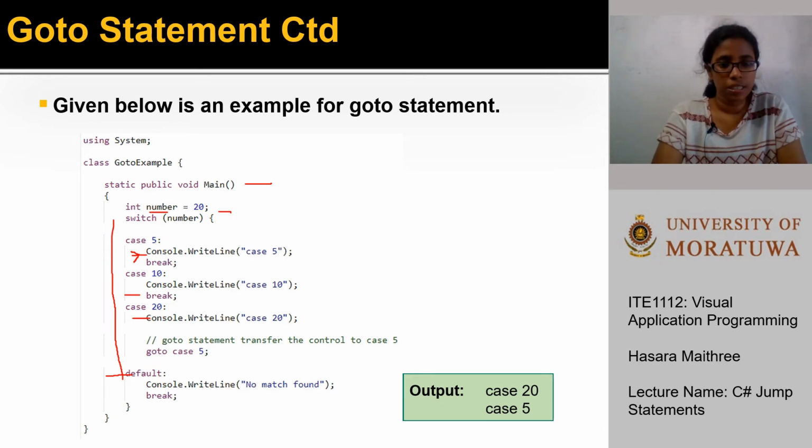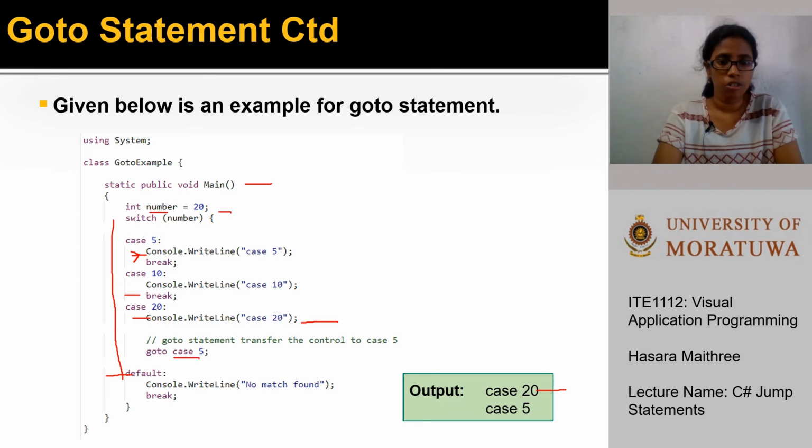So what happens is it executes this line, the console write line case 20. So in the output, case 20 will be printed, and we have a goto statement here. It says go to case 5.